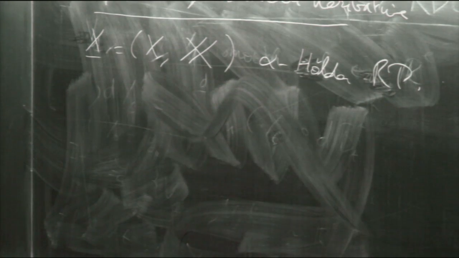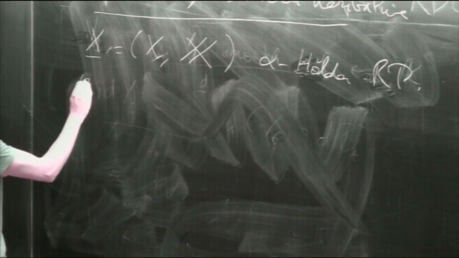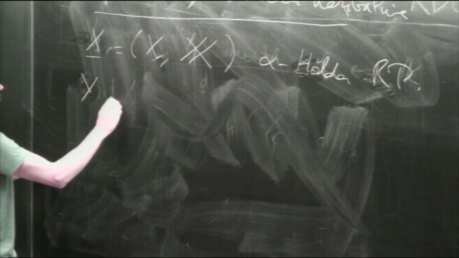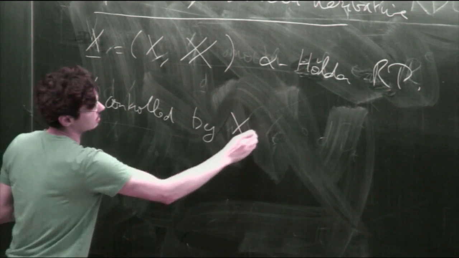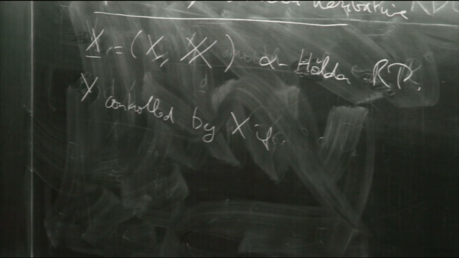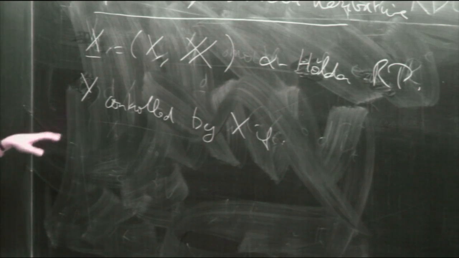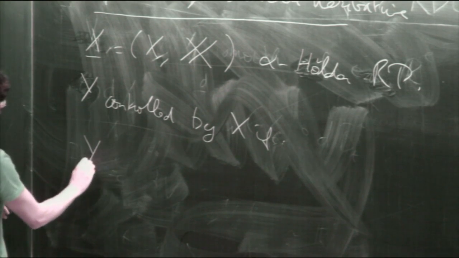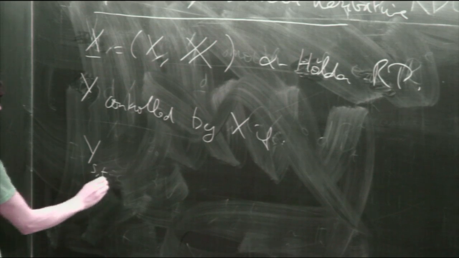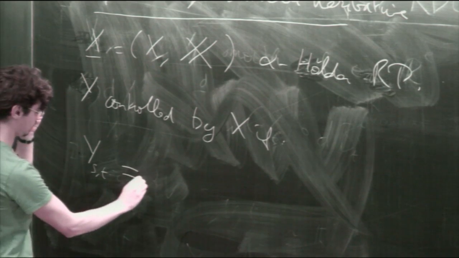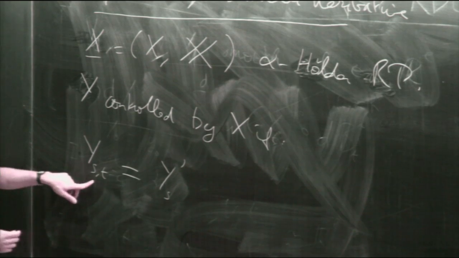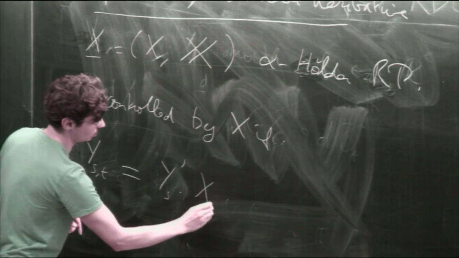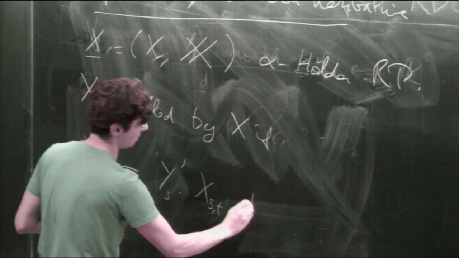Then we define the set of paths which are controlled by this rough path, which we usually will call Y. What that means is that essentially at small scales, Y is proportional to X, in the sense that we can write the increment of Y as some function of s at the base point s times the increment of X plus some remainder.